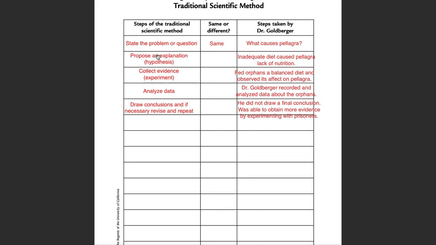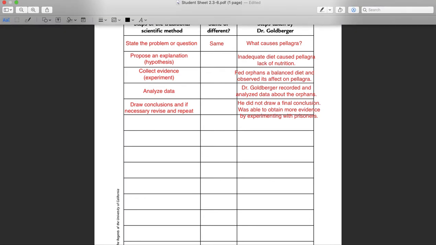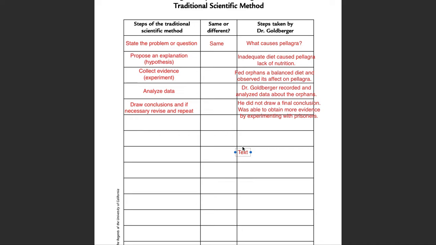Step 2, propose an explanation or develop a hypothesis. Do we have an explanation as to what was causing pellagra, or a hypothesis? Yes, he hypothesized that it was inadequate diet that caused pellagra, lack of nutrition. So those 2 steps would also be the same.